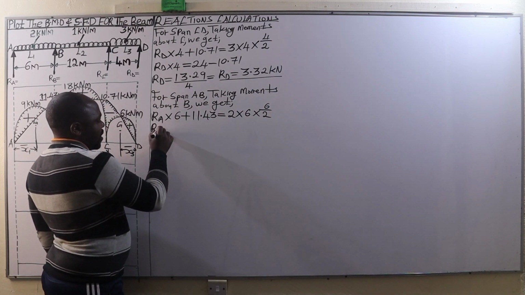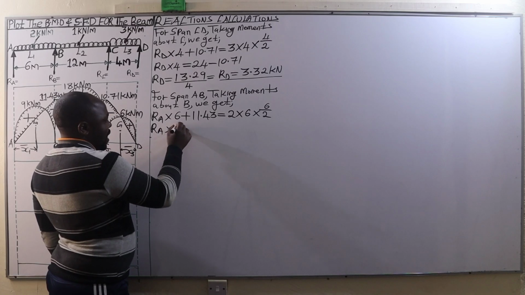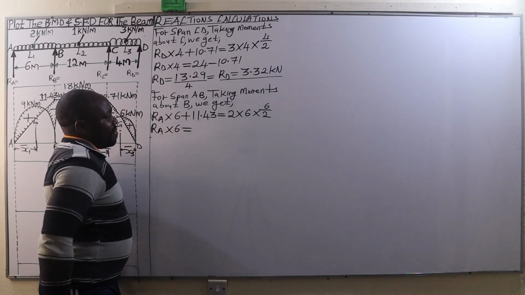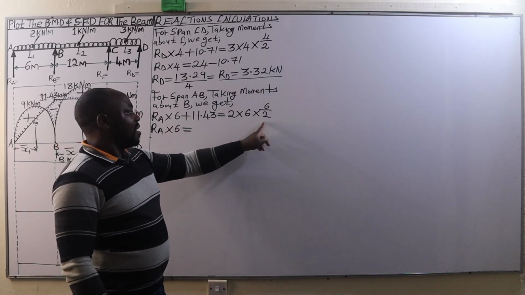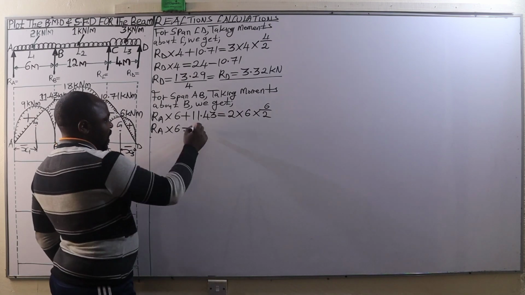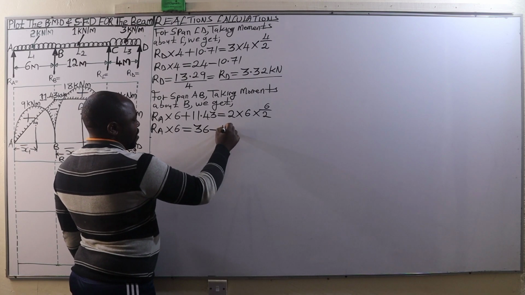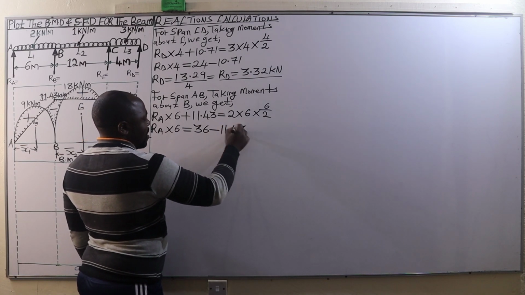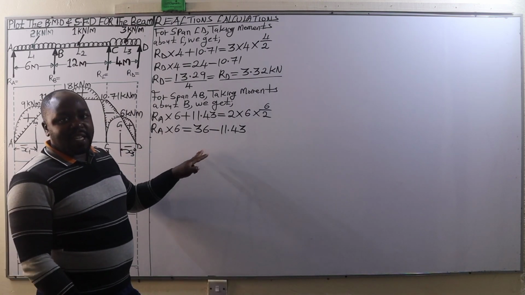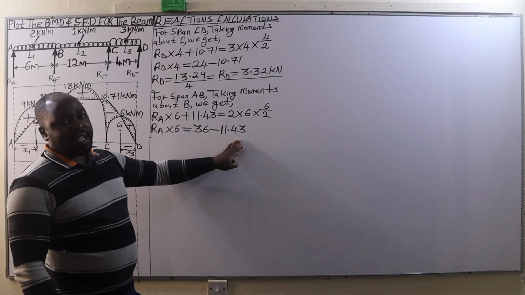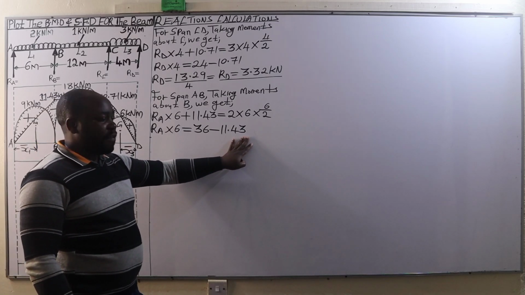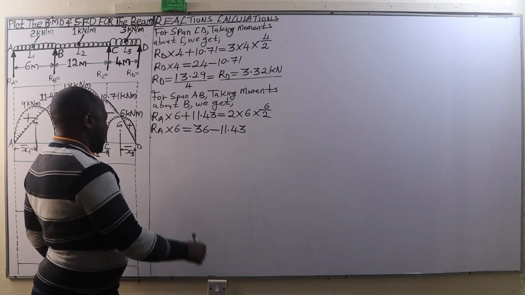And RA times 6 is going to be equal to 6 times 6, since the 2 and the 2 cancel out. Taking 11.43 to the other side of the equal sign, 36 minus 11.43 is 24.67.